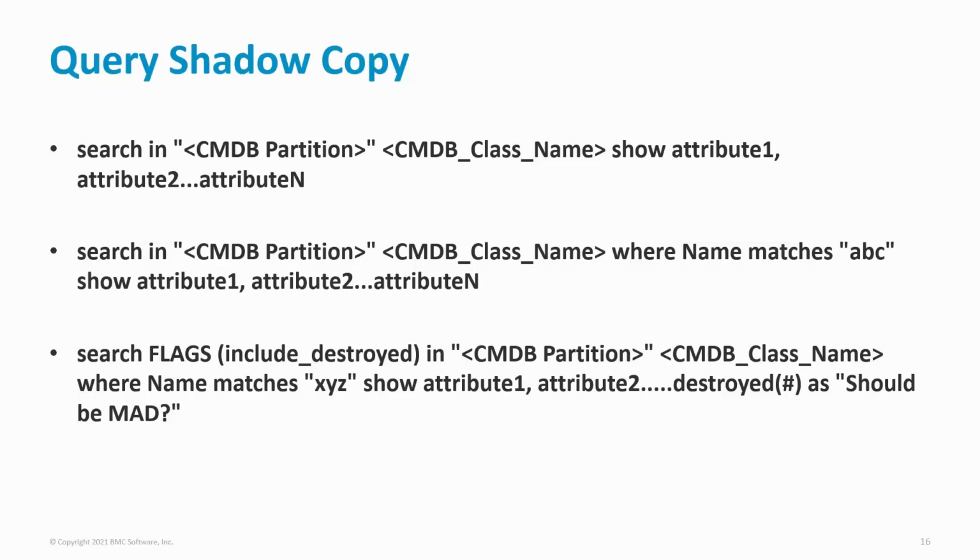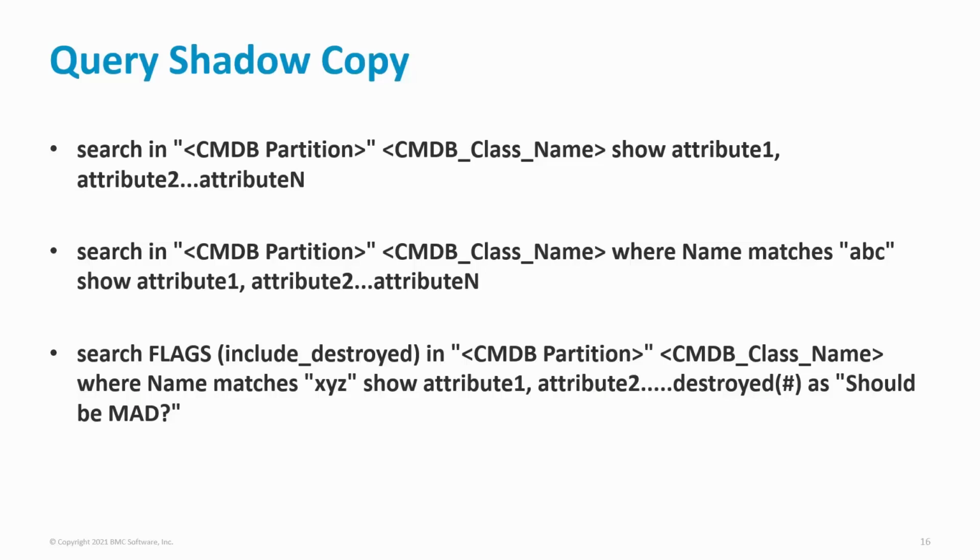Here are a few example formats that you can use to query the shadow copy. When we were discussing the query language format, we saw an expression in partition. We will use that expression when querying the shadow copy. To query the shadow copy, we will start with the keyword search in. We will then define the CMDB partition, CMDB class, and other details.